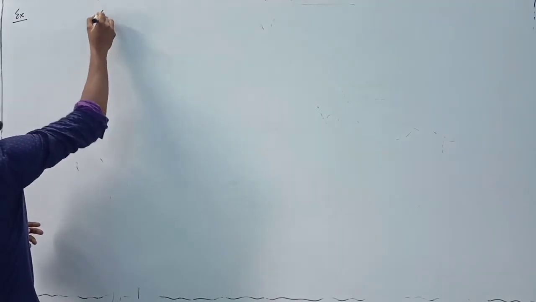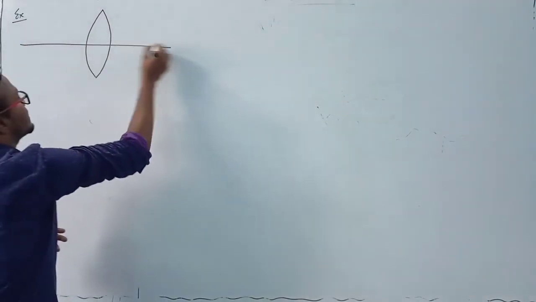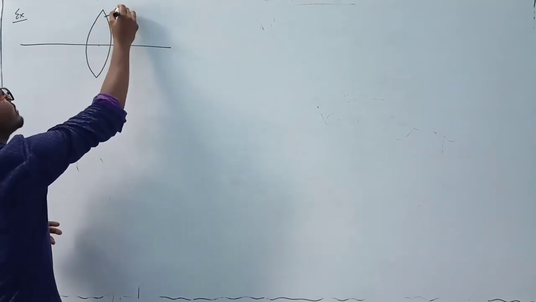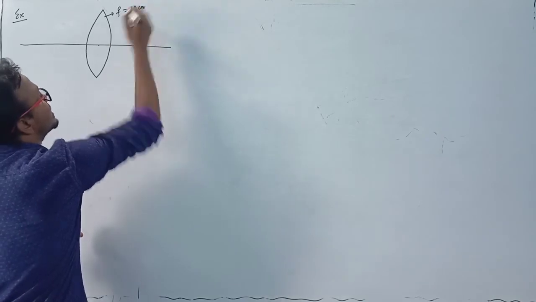Clear? Let's take one example. Suppose we have a convex lens here. This is the principal axis, and suppose its focal length f equal to 20 centimeter.